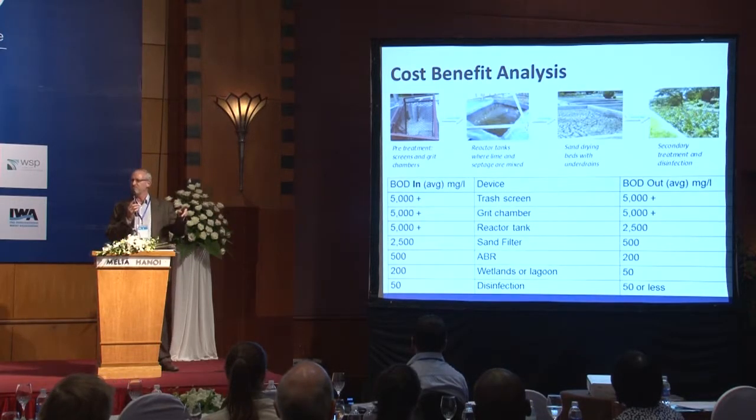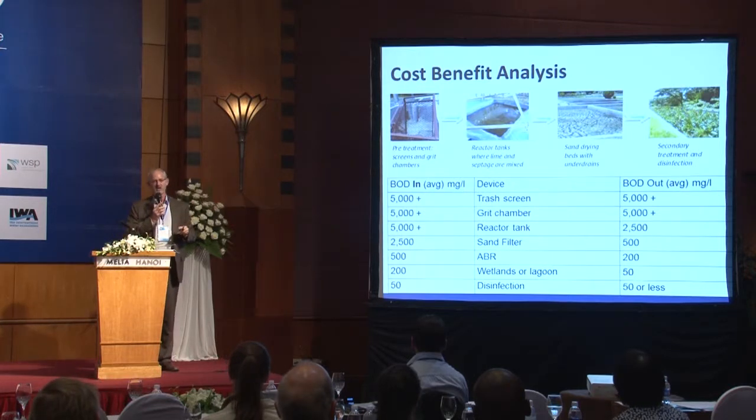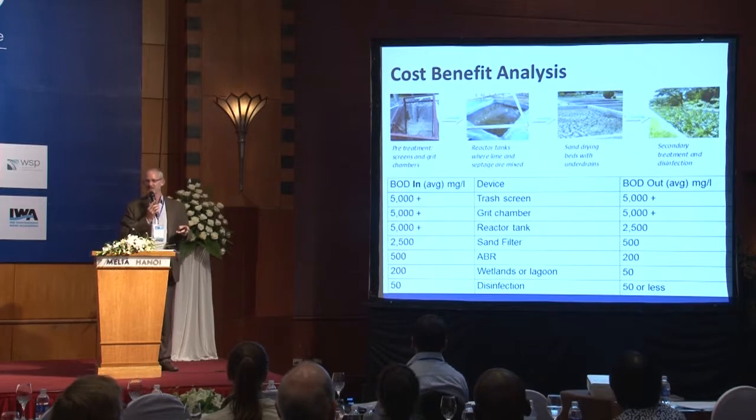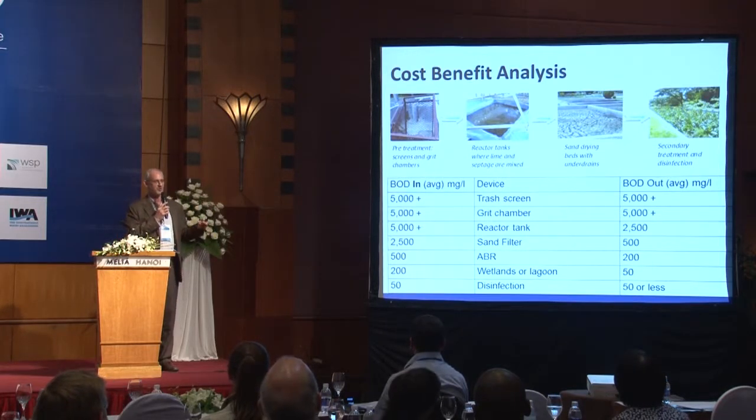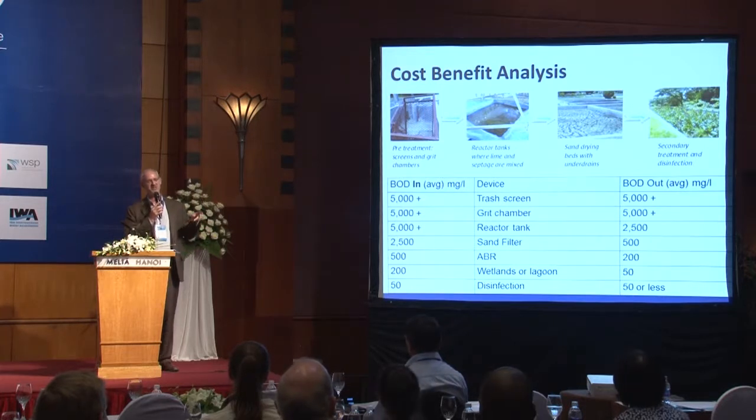So as Oxfam plans to scale up, we're trying to do this in a more organized fashion that is compliant for meeting discharge standards in the Philippines. These are wastewater systems that are going to be discharging into the surface waters of the Philippines, and there are standards: 50 milligrams per liter BOD or less, depending on the water course.